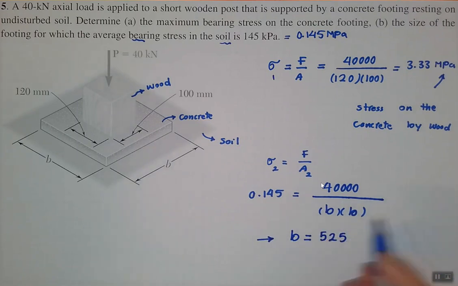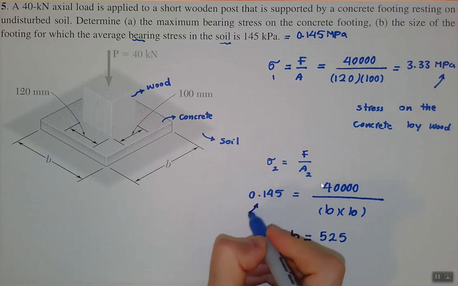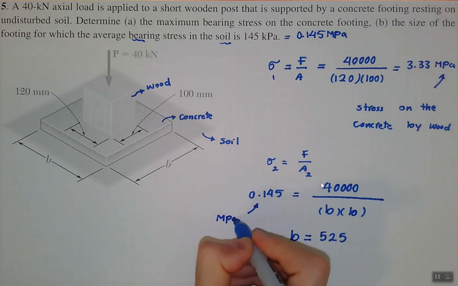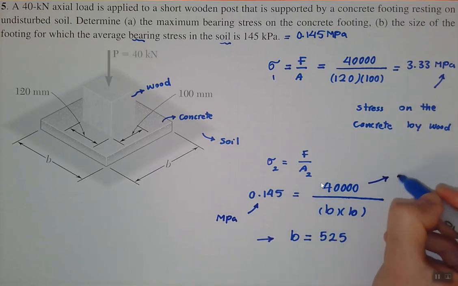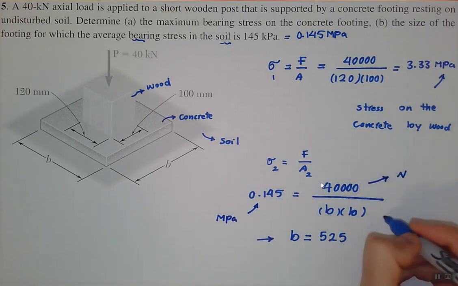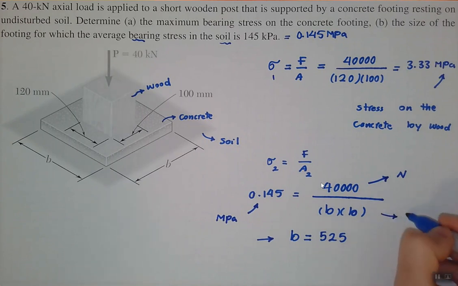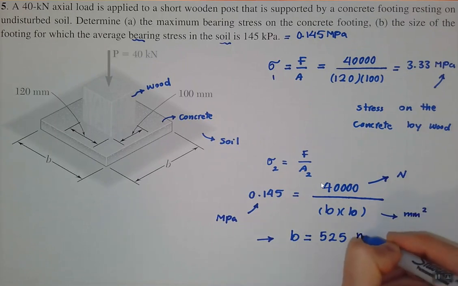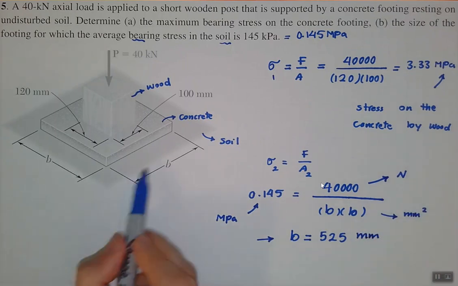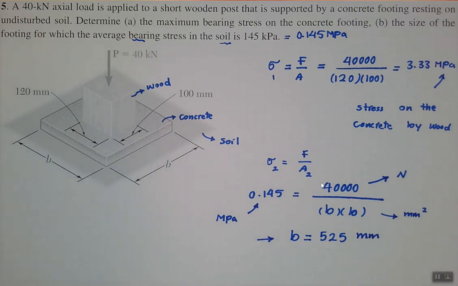Again, be careful about the units because this is in megapascal, and this is in Newton. Then it means the denominator has to be in millimeter squared, so B is in millimeters. So this is the length of B. Very simple.